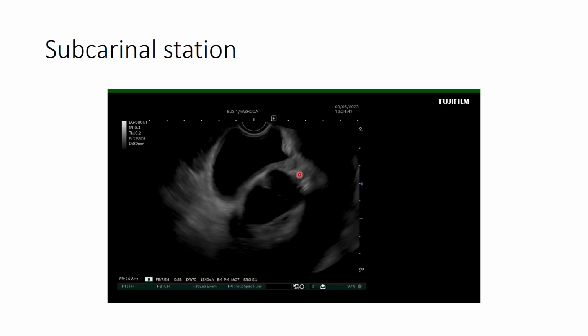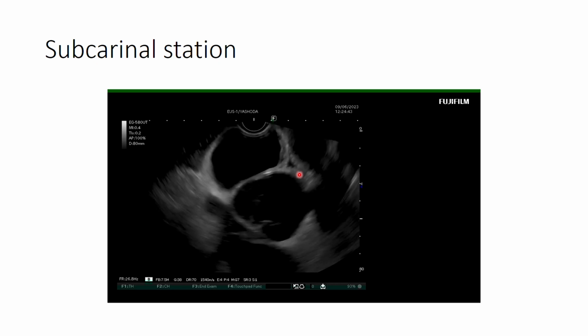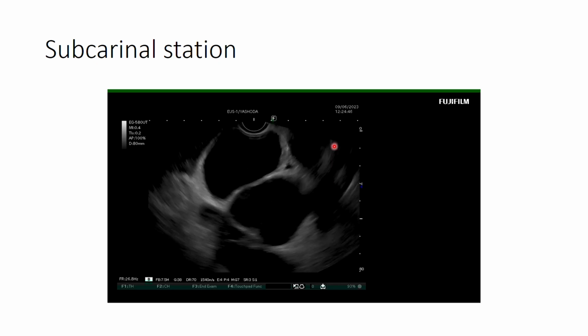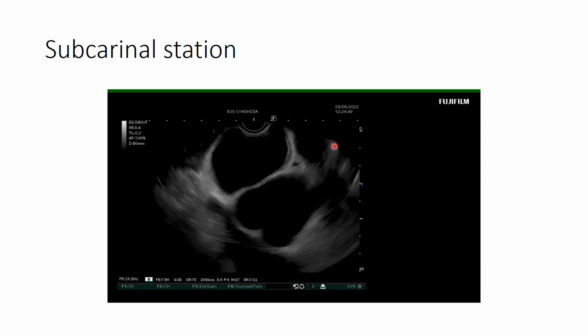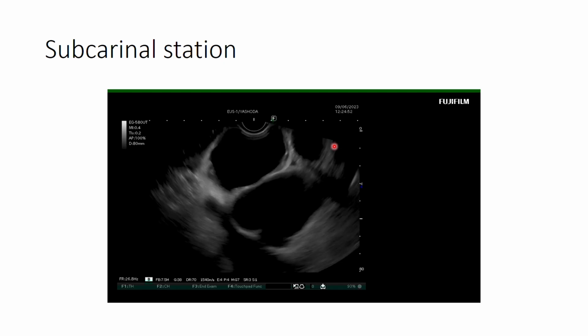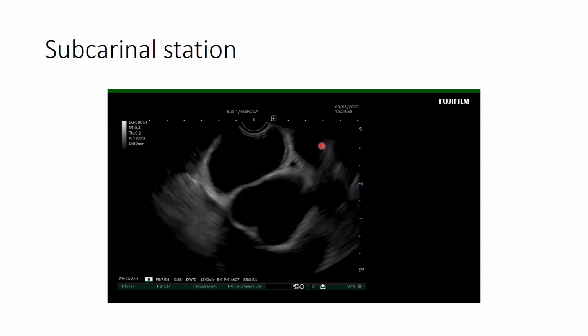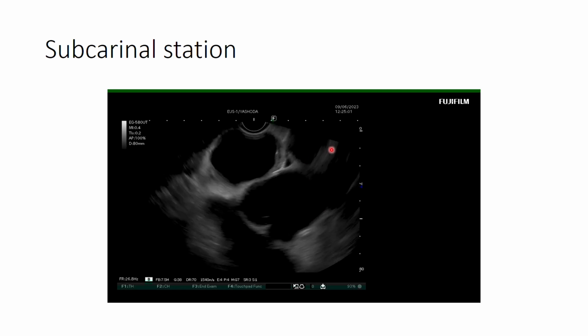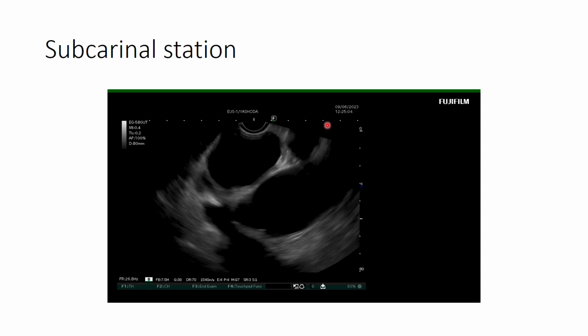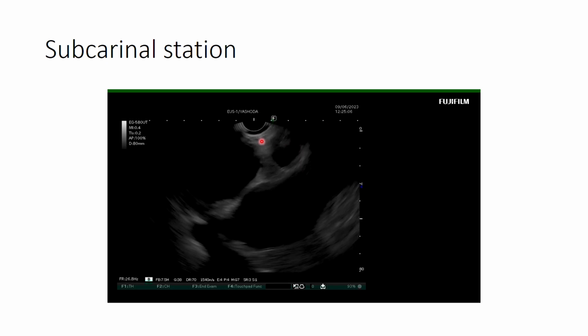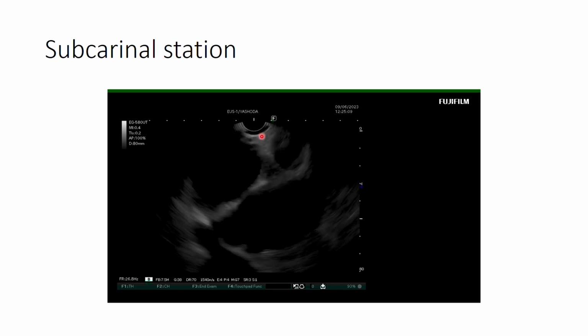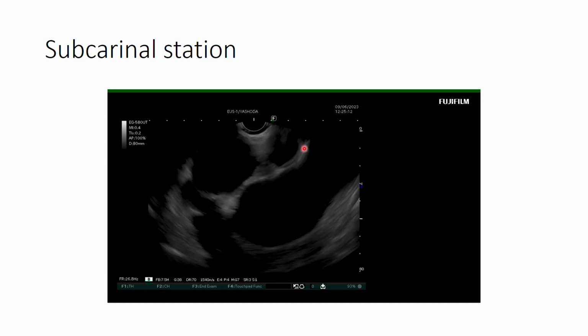Slowly pull back. As you pull back, the right pulmonary trunk comes into the right side, and on the left side the left atrium will be present, and this will be the station 7.